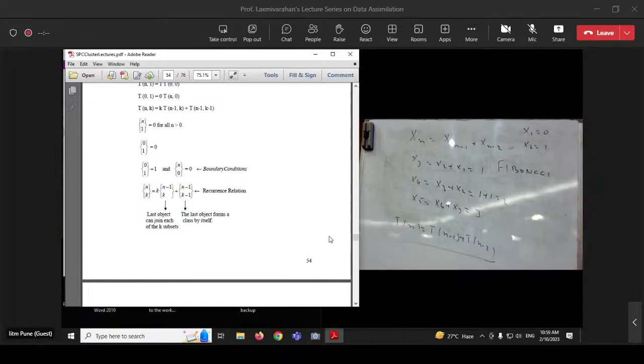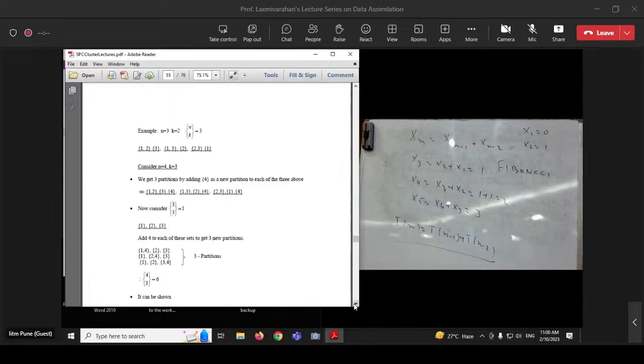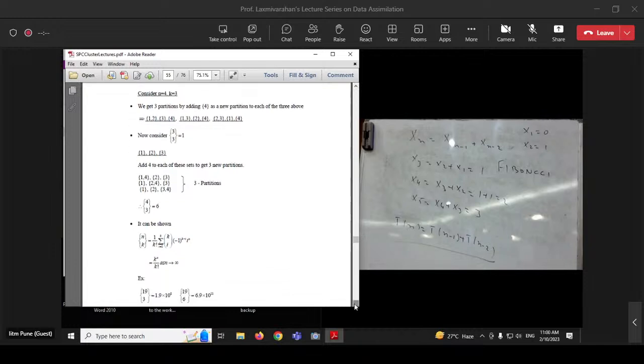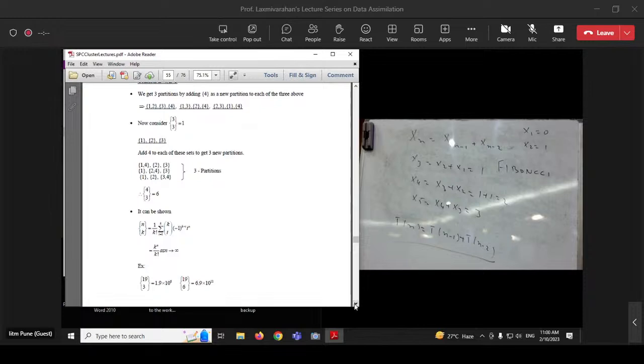Now, I would like to show you that this number grows very, very fast. I'm just going to give you an idea. I'm not going to derive it. I have given all the derivations in the notes. I'm giving you my entire notes, and I'll also go through the notes in a little detail.